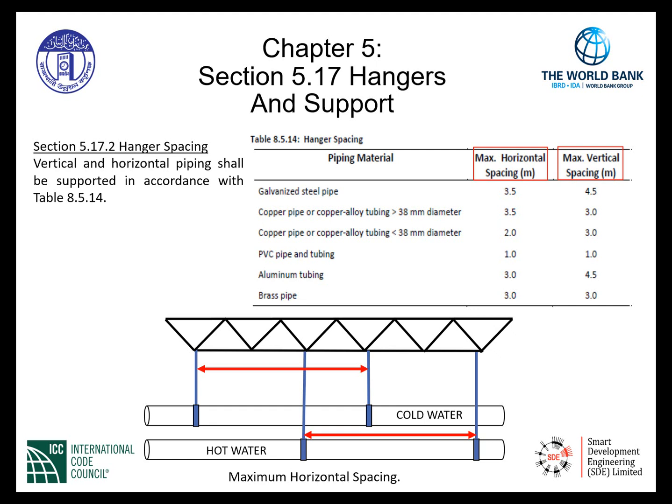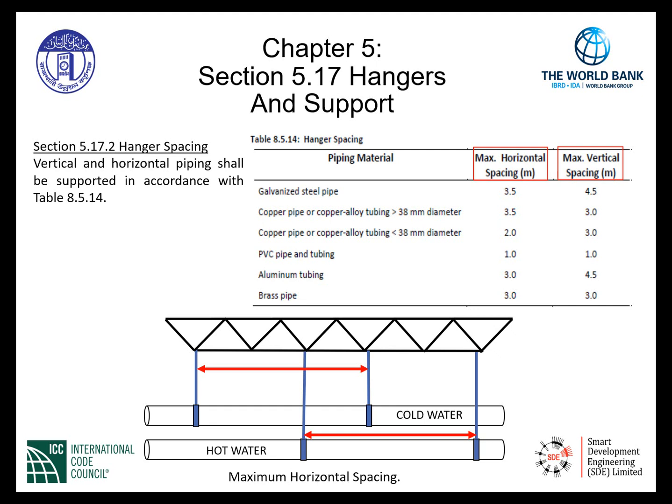Locating the table in the first column gives us the piping material: galvanized steel pipe, copper pipe or copper alloy tubing greater than 38 millimeters in diameter, copper pipe or copper alloy tubing less than 38 millimeters in diameter, PVC pipe and tubing, aluminum tubing, and brass pipe.